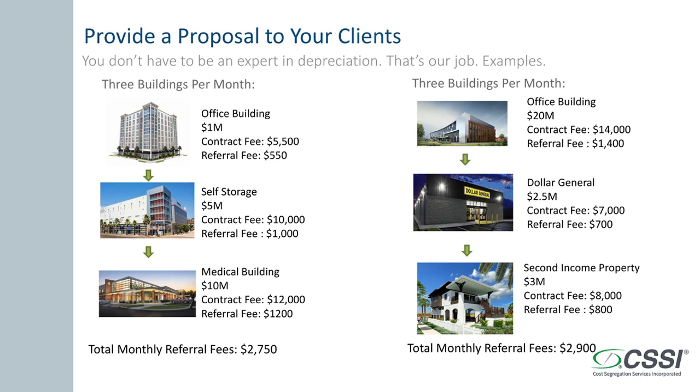On a $10,000, that's $1,000. On the $12,000, it's $1,200. And in the month, by referring 3 people to me, you can make $2,750. That's 3 other kinds of buildings, maybe even more. No work. I'm going to tell you how to refer me to your clients to make it very, very easy for you, and I'll do all of the work.